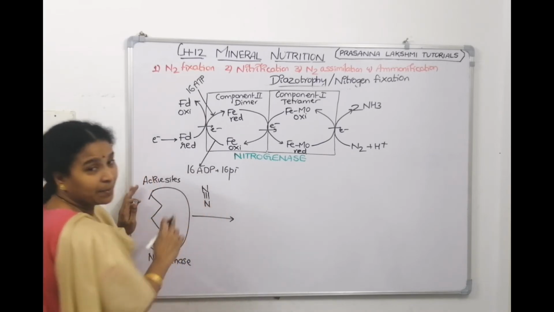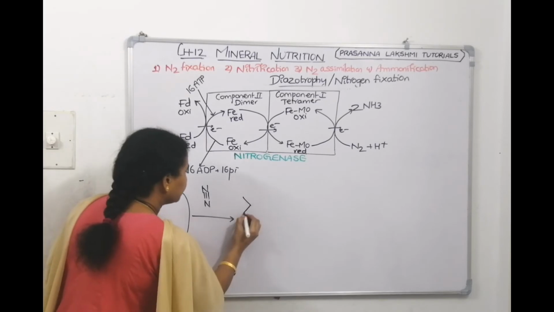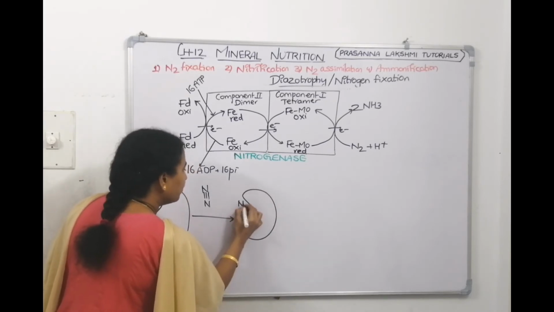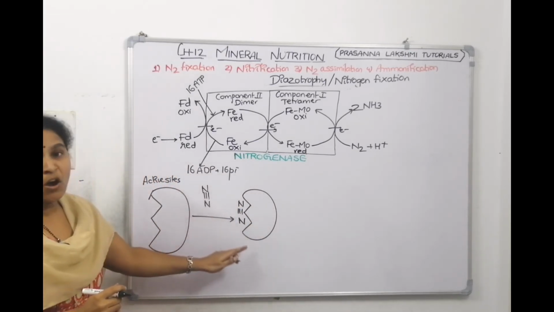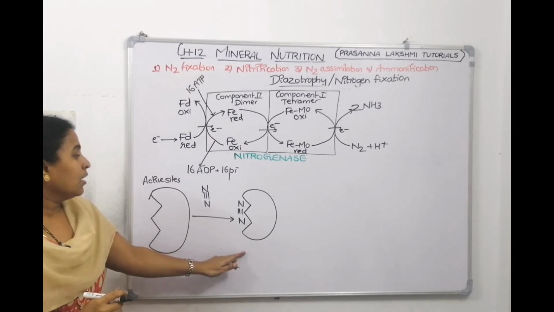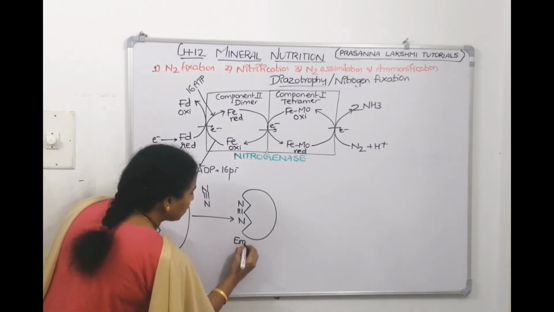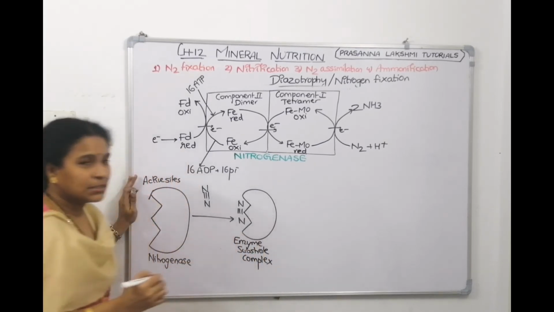So N2 is coming and it will occupy the active site. See? Now, N2 came and occupied the enzyme. What is this called? Enzyme substrate complex is formed.